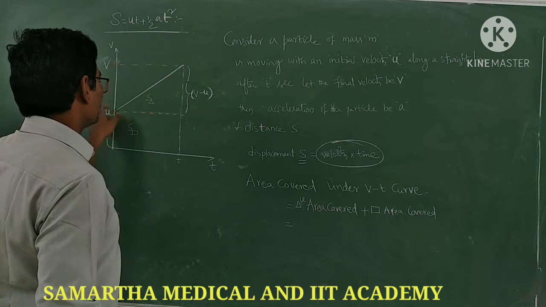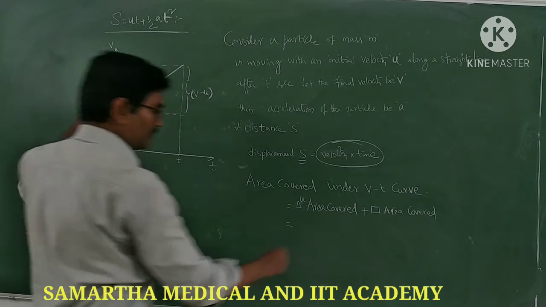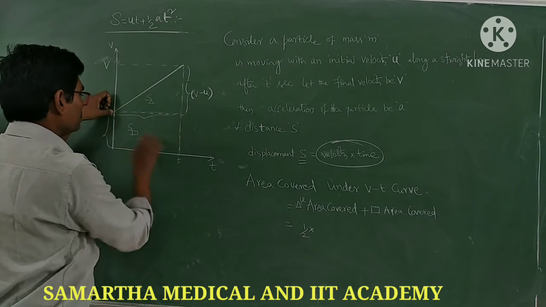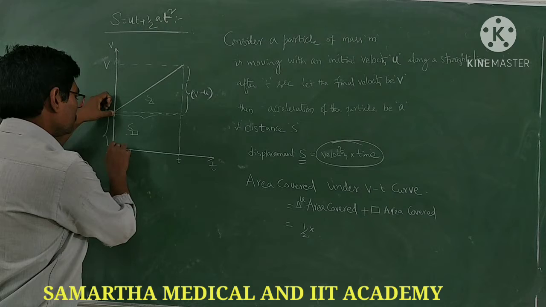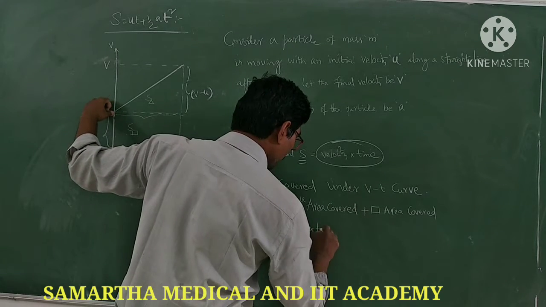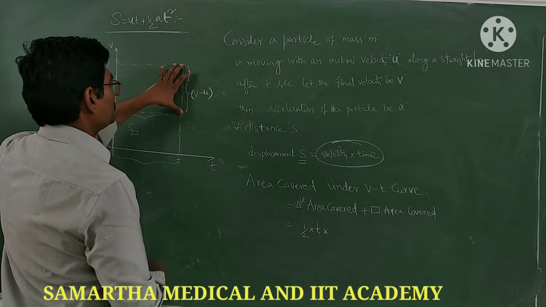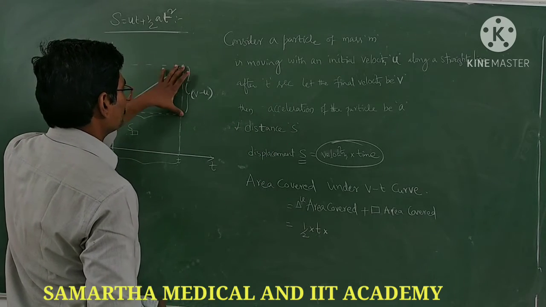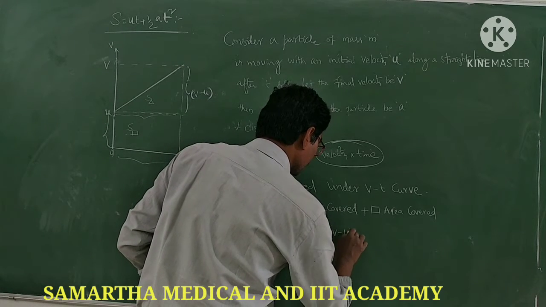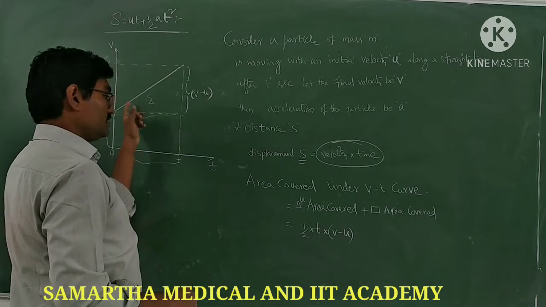See, this is the triangular area. What is the triangle area formula? Half base into height. What is the base of this triangle, from here to here? That is 0 to t seconds. Height is this, which is v minus u. That is the area under the triangle.